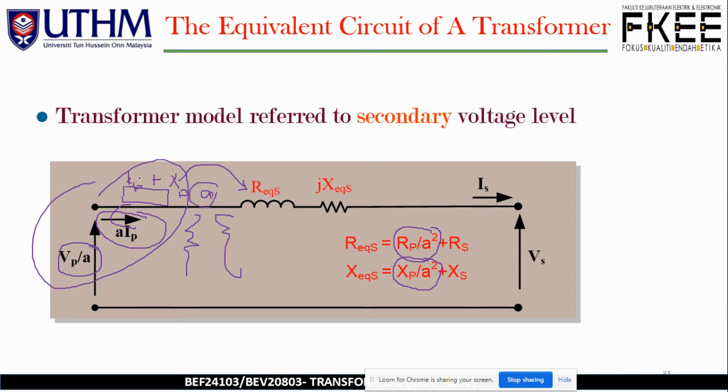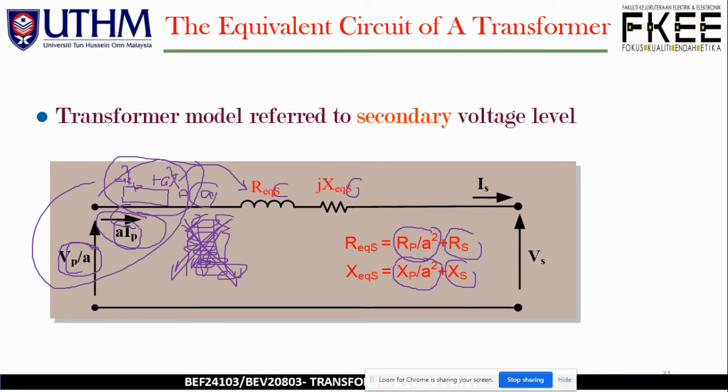This means you need to multiply A squared RP, A squared XP, and A times IP, and VP over A. By doing that, you are actually eliminating this part. The winding part no longer exists, and everything here is again connected in series, between the primary and the secondary, meaning RS and XS.